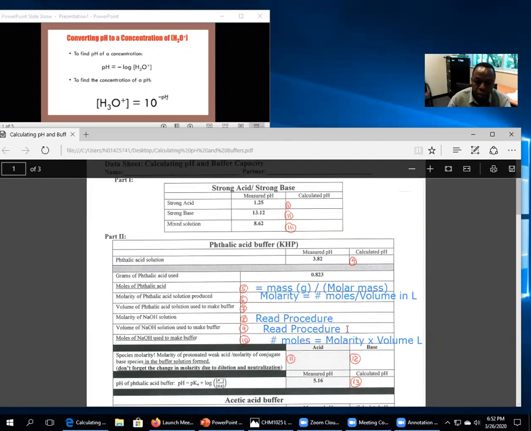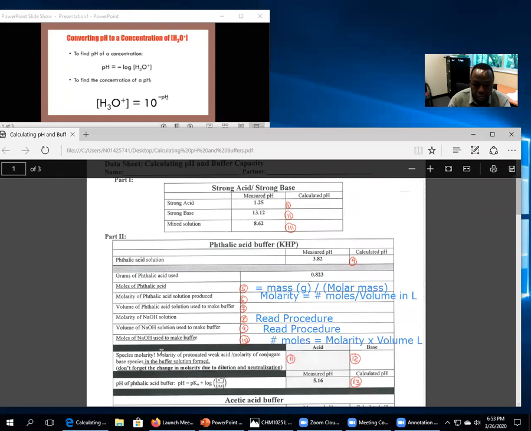So at this point, you will take the number of moles of phthalic acid minus the number of moles of NaOH. That will be the number of moles of the conjugate base. The number of moles of the acid is not the same as the number of moles we divided. It is not the number of moles we are talking about here.